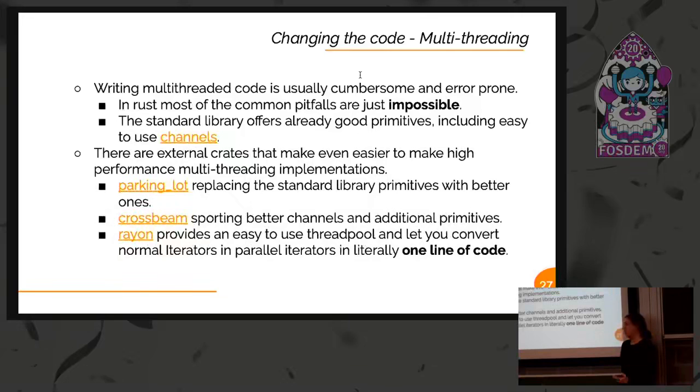We are lazy. We are really lazy. We managed to learn about iterators. rayon is going to give you an automatic thread pool and a really easy way to move from your serial iterator to a parallel iterator. And you do that usually with a single line of code.